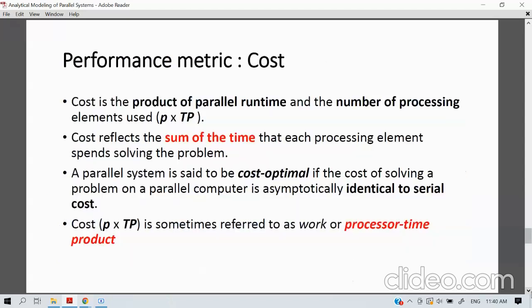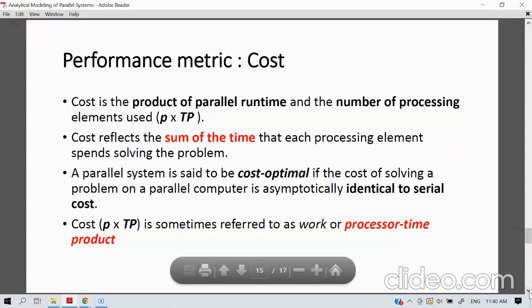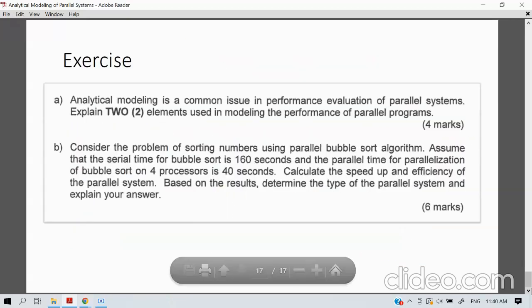Alright, there is a question below that says, based on the result, determine the type of parallel system and explain your answer. We already know our speed up and our efficiency. And then, it wants to know the type of parallel system.